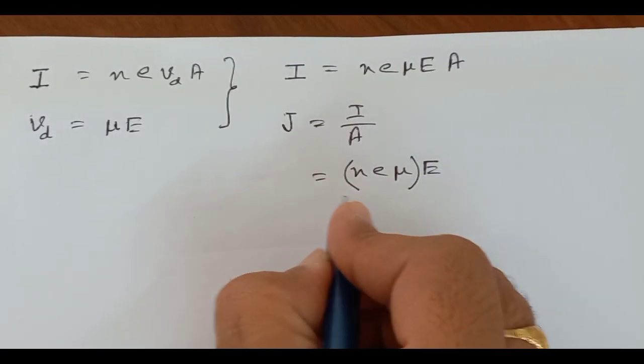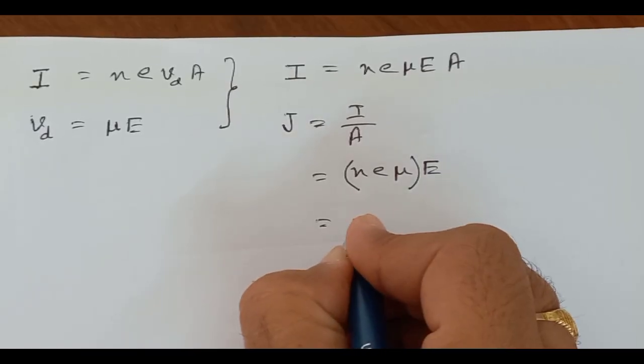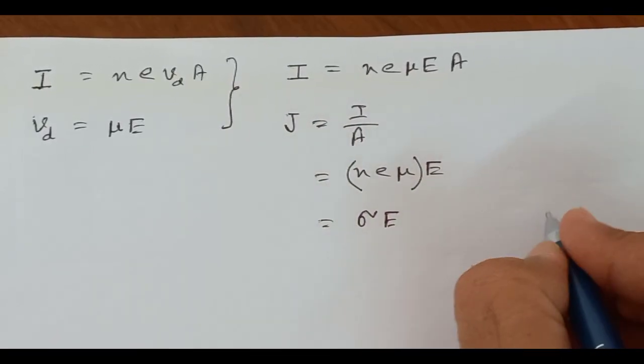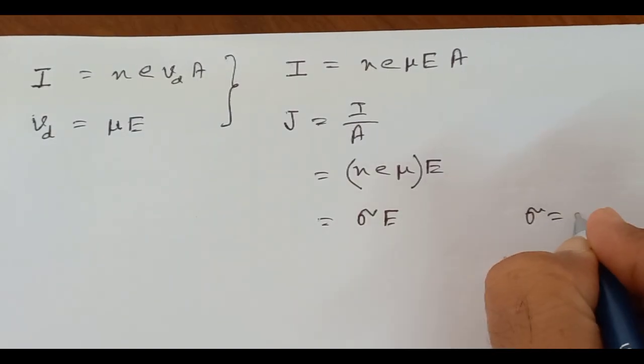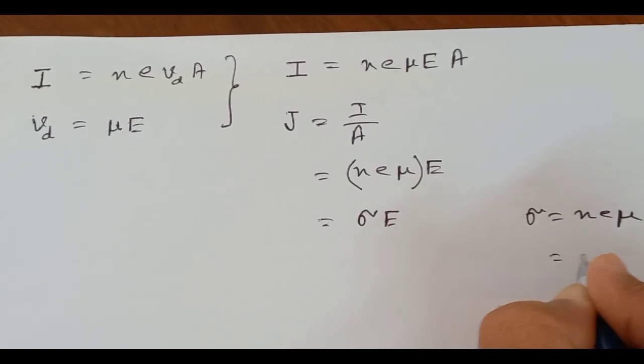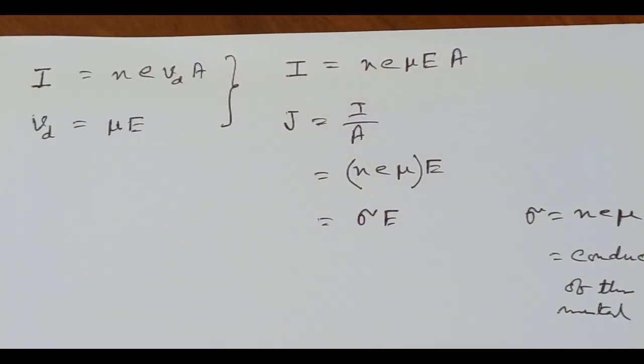This term in the bracket is called the conductivity of the material, and we denote sigma is equal to Ne mu, conductivity of the metal or material.